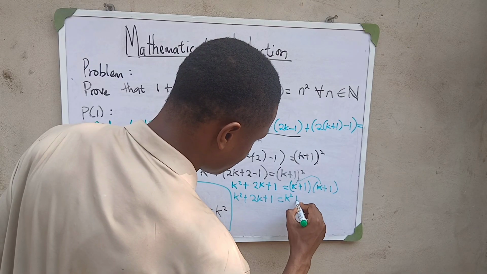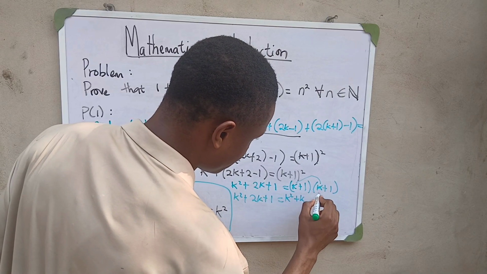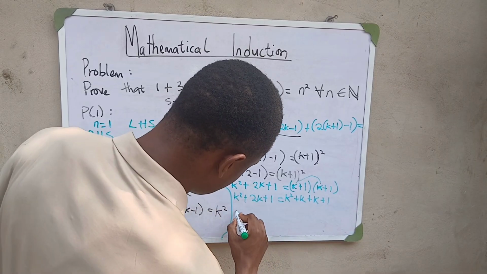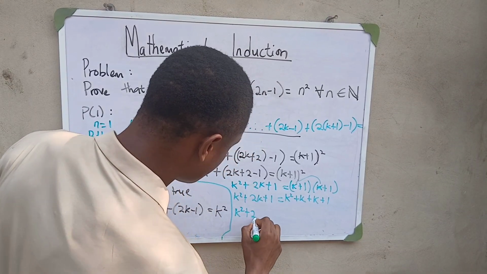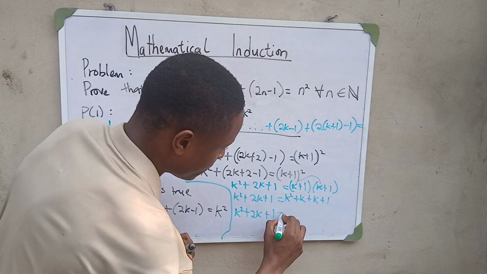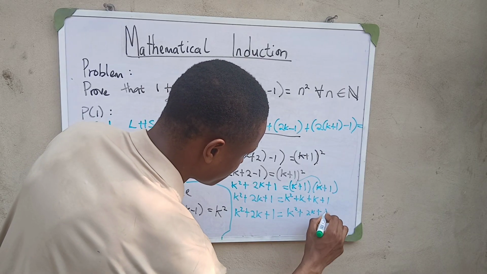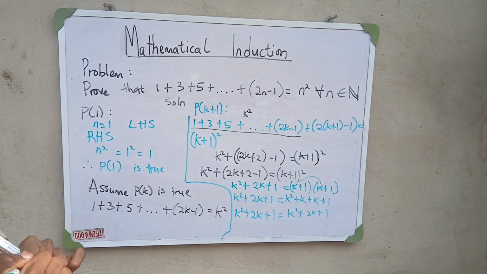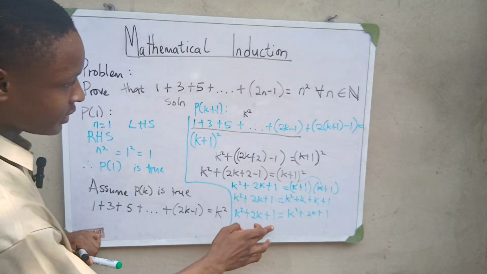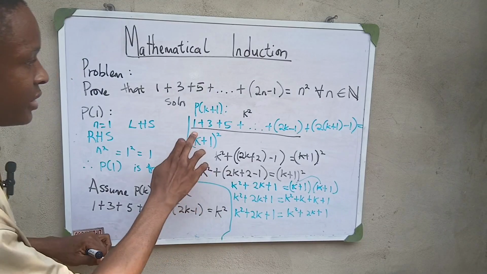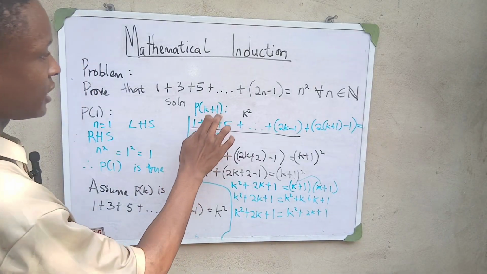K times 1 is plus k, 1 times k is plus k, 1 times 1 is plus 1. So k square plus 2k plus 1 is equal to k square plus 2k plus 1. Now we have been able to prove that the left hand side is equal to the right hand side. That means P of k plus 1 is true.